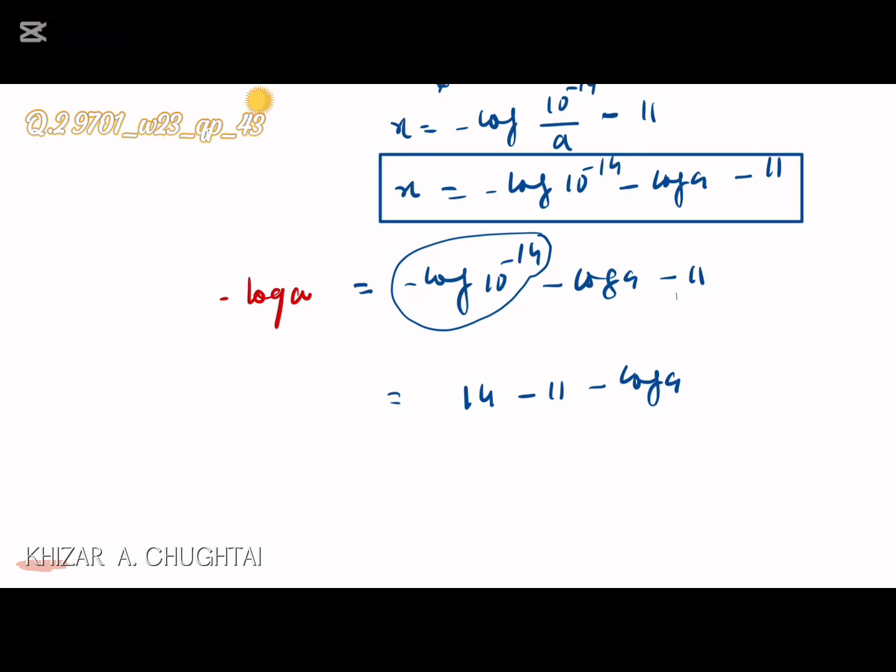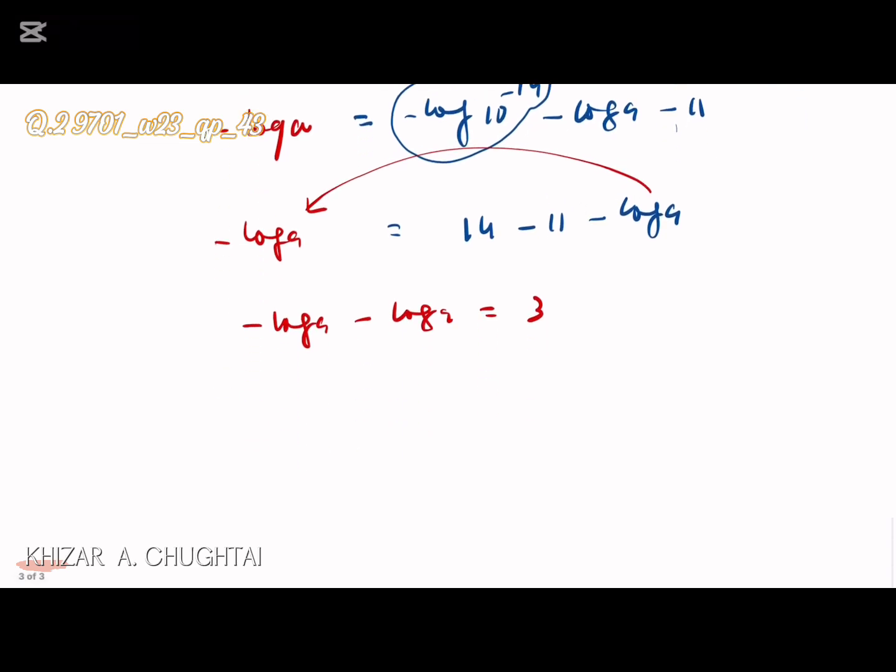Here is already minus log A over here. So if I'm taking this minus log A towards the left hand side, minus log A minus log A is equal to 3. You can see that minus 2 log A is equal to 3.